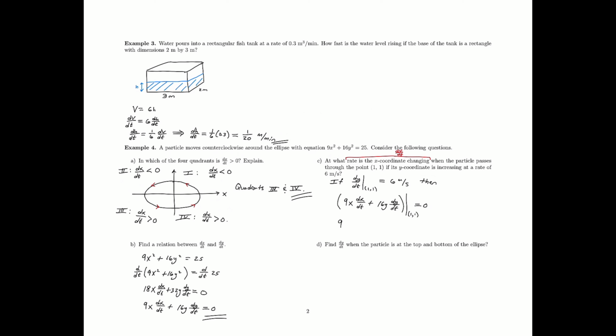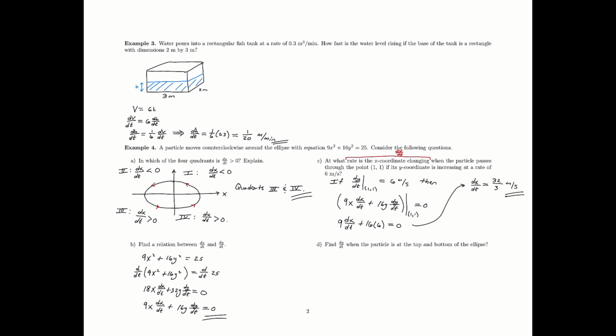So we would have 9 dx dt plus 16 times 6 equals 0. And if we solve this, dx dt should be equal to negative 32 thirds meters per second.